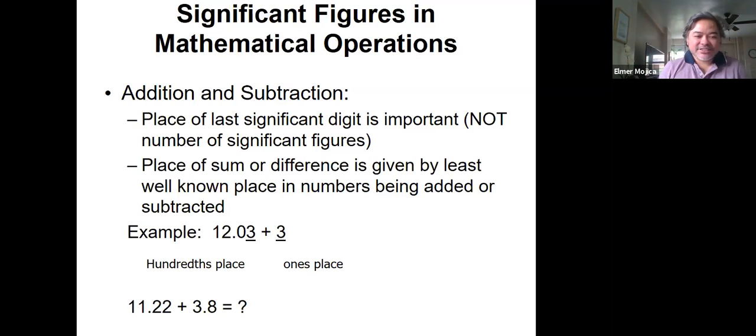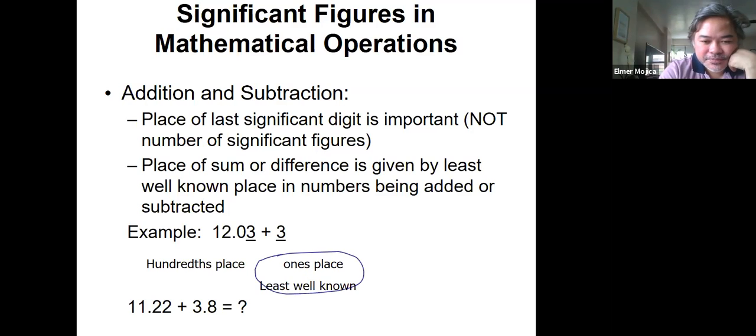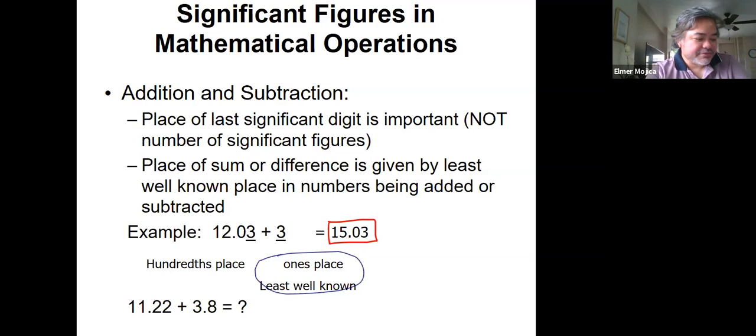What's the answer that we have here? When you add them, this is your answer. Now, how would you express it in terms of the final answer? You have a hundreds and a ones place, so you have to round this up to 15.